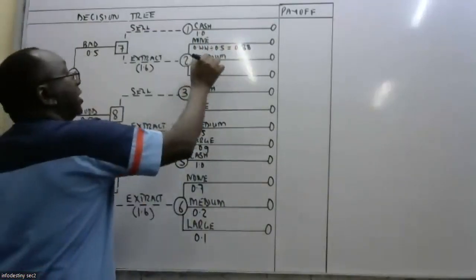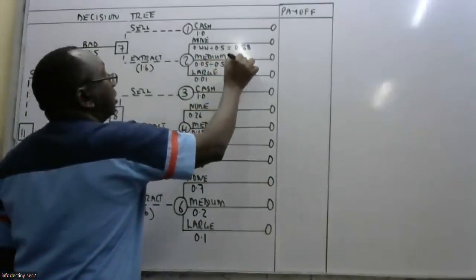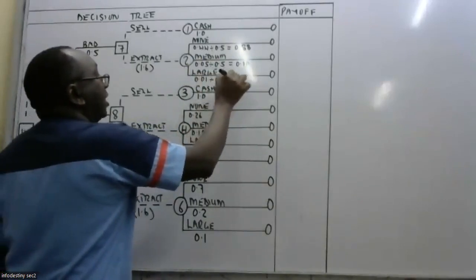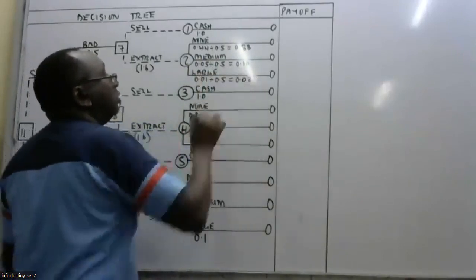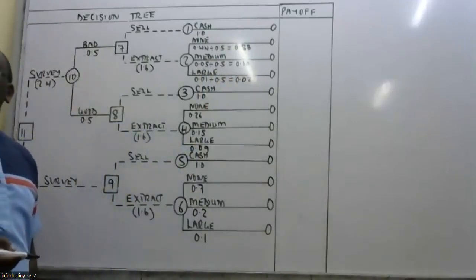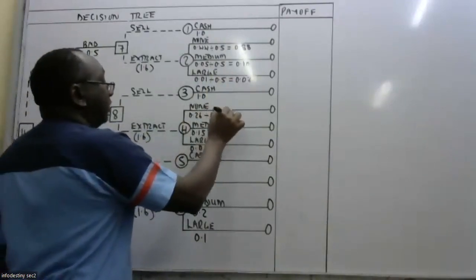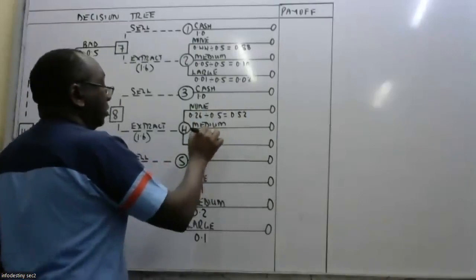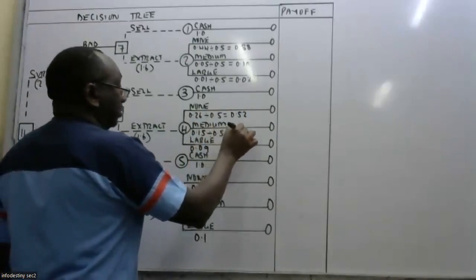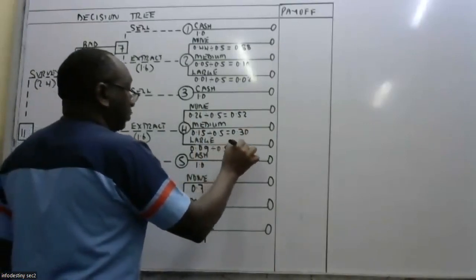You divide this one by 0.5 and that gives 0.10. You divide here by 0.5 and that gives 0.02, and they add to 1. You do the same here: 0.5, you get 0.52, 0.30, and 0.18.